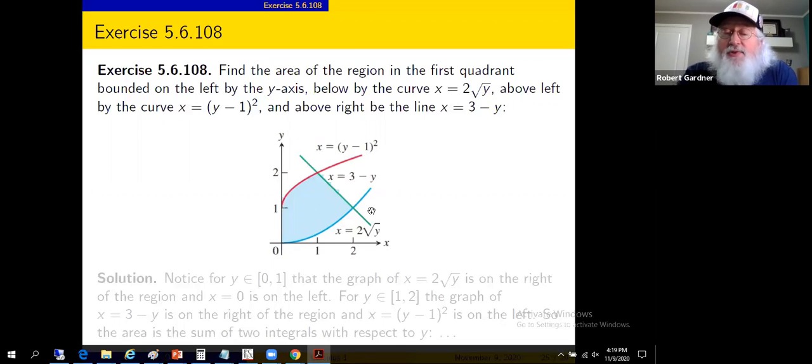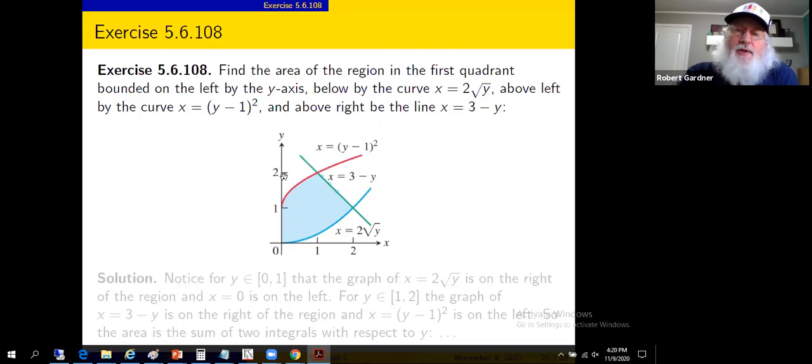And then I'm interested in what's on the right and what's on the left. Well, between 0 and 1, this is on the left, x equals 0, and this blue curve is on the right. It looks like these intersect there. I can check that they do intersect at the point 2, 1. So for y between 0 and 1, we get x equals 0 on the left, and x equals 2 square root of y on the right.